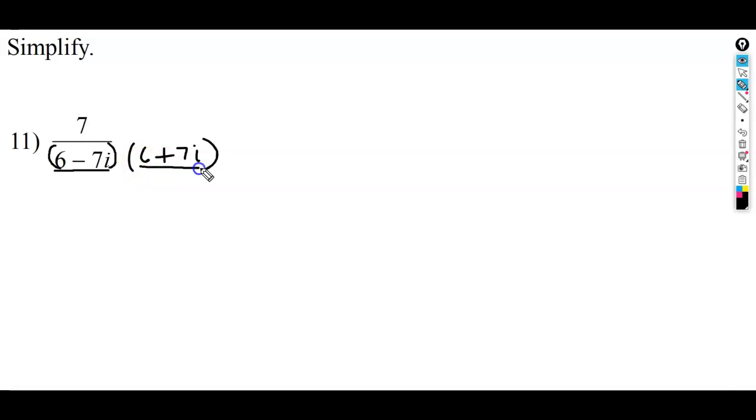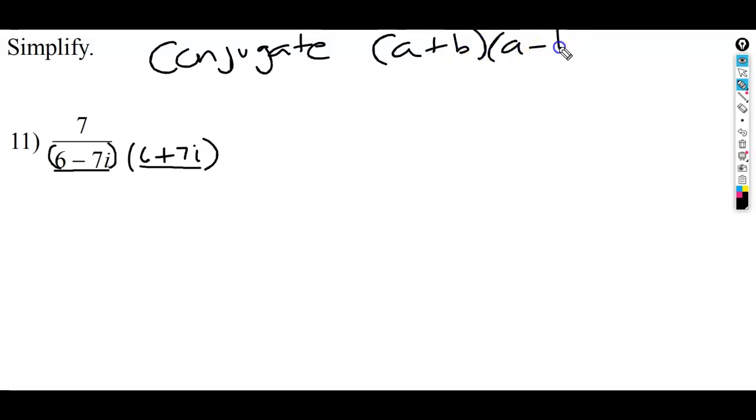And this is what we call a conjugate pair. Conjugate pairs are kind of like binomials. Two binomials that are the same except the sign in the middle is opposite. Okay? So that's how you deal with that.